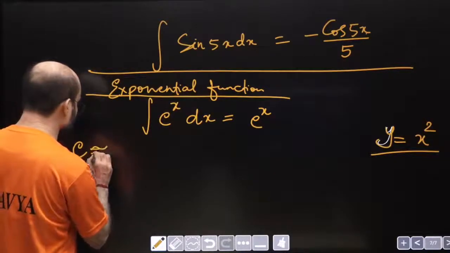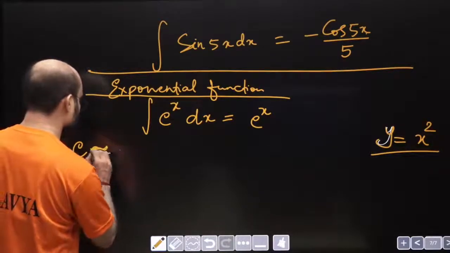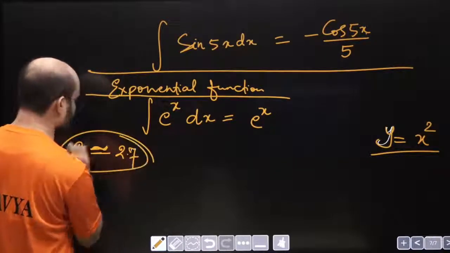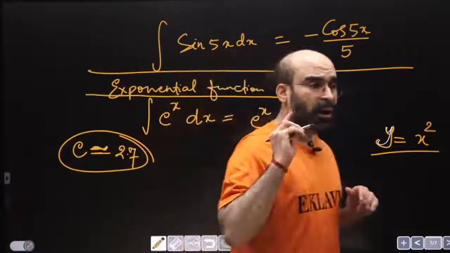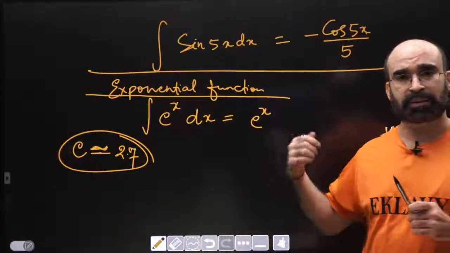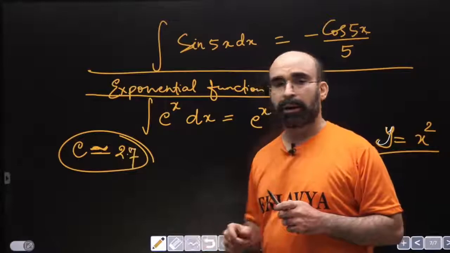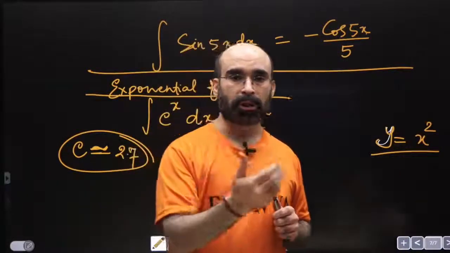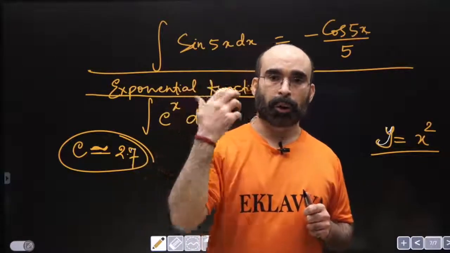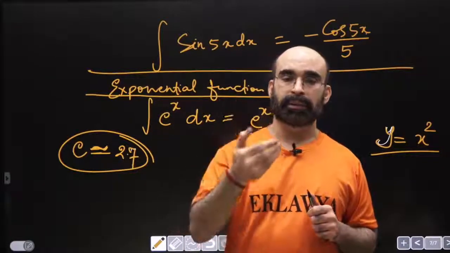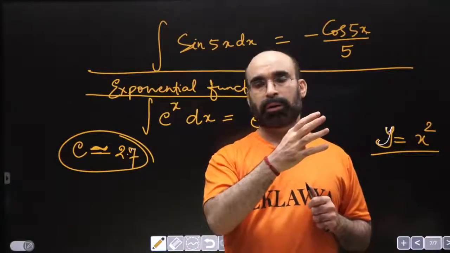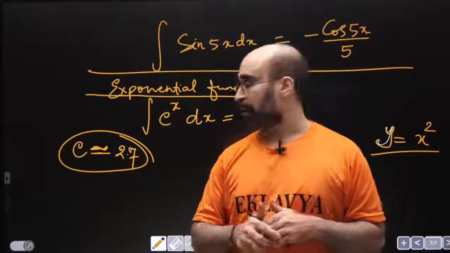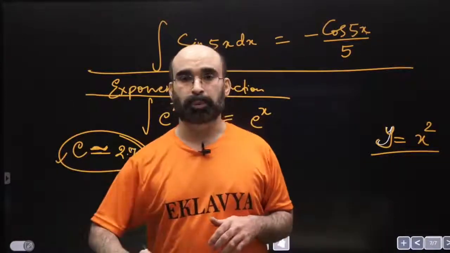The value of e is very close to 2.7. And you will use this e while doing logarithmic functions, right? Natural log, common log. There in natural log you have this base e. This is called exponential function.